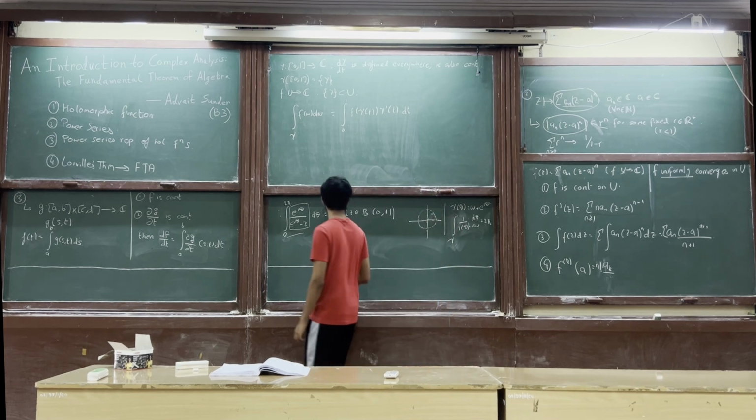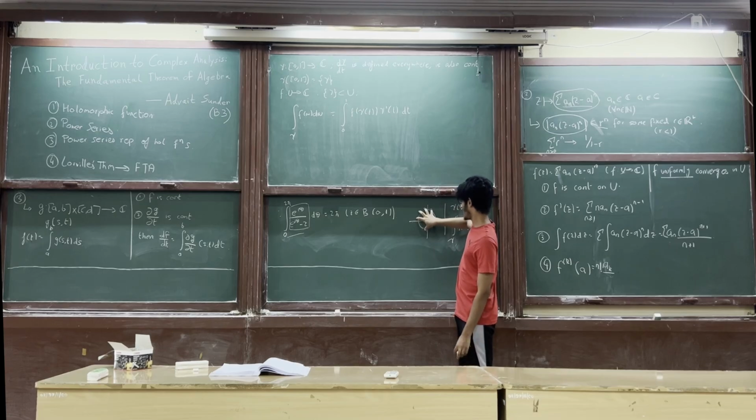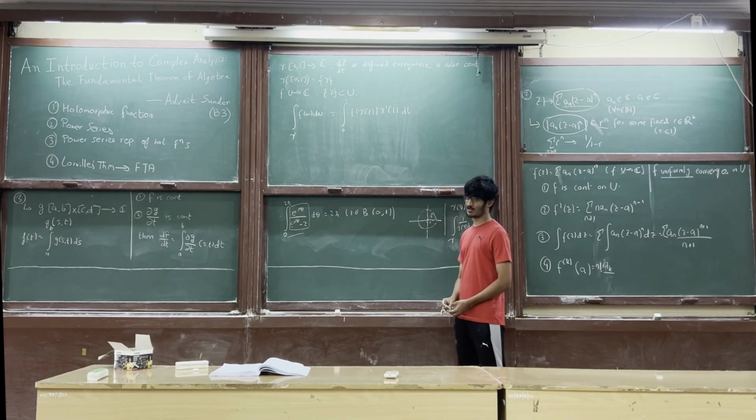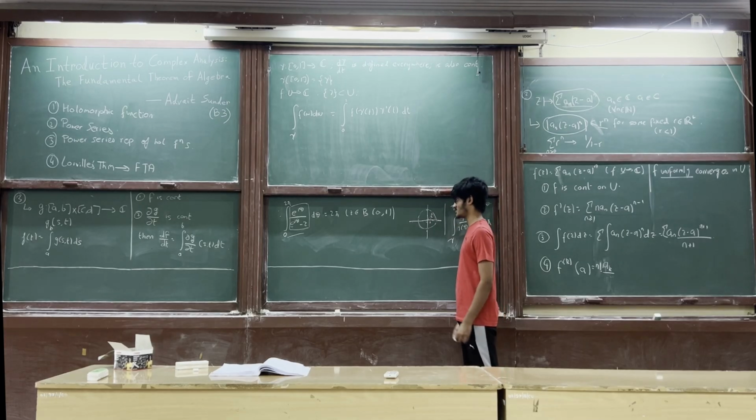So now, one way of doing this would be to taking this curve and continuously deforming it to a curve whose center is z. But instead of that, because that seems a little tedious, what we do is we take z and we continuously deform that to go to 0.